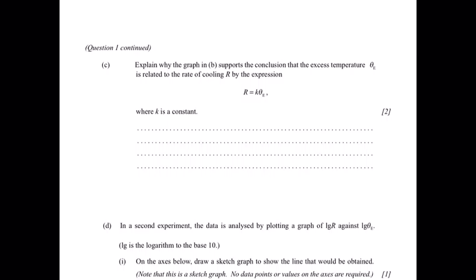Part C asks us to verify this relationship between R and theta E, whereby we would expect a linear fit between R and theta E with no intercept. There's no plus C. If we look at the graph on the previous page, it is a linear fit.